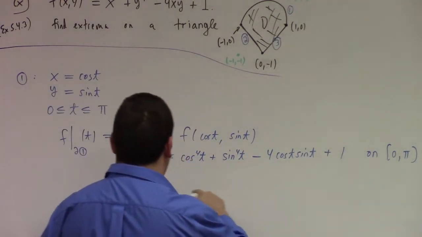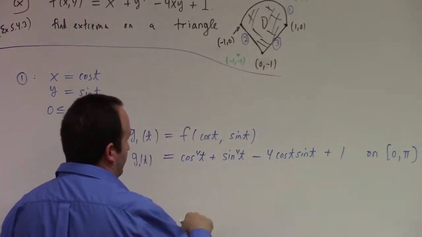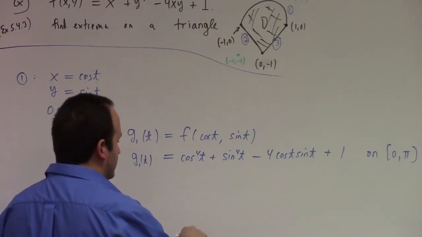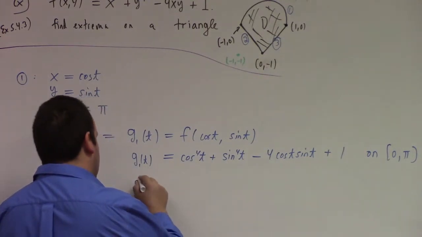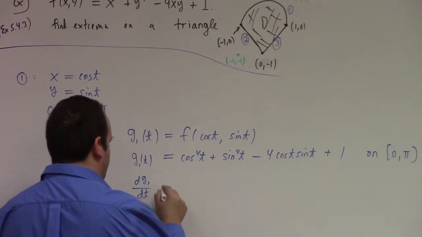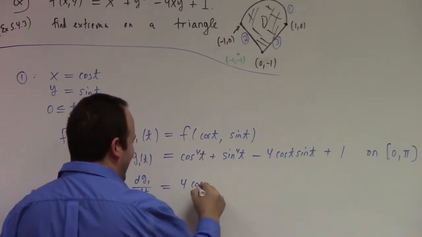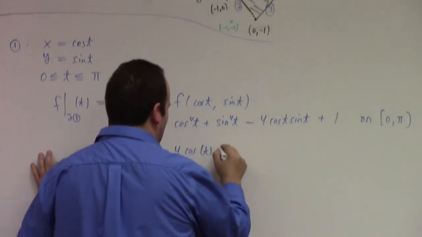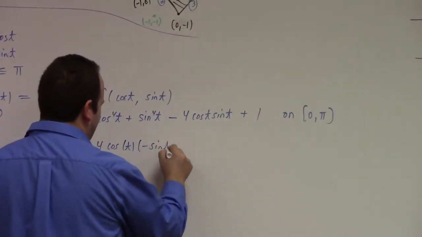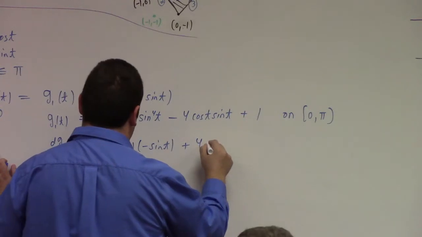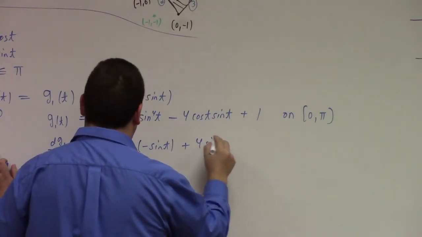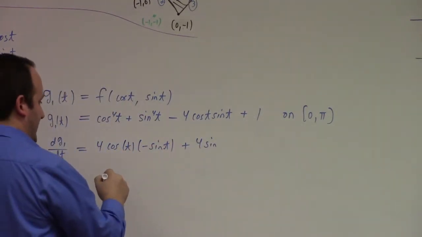Anyway, let's look for critical points. So we're going to look for g1 prime of t, which is 4 cosine t minus sine t, right? Plus 4 sine t. Oh, I'm sorry. What am I missing? Kind of important.